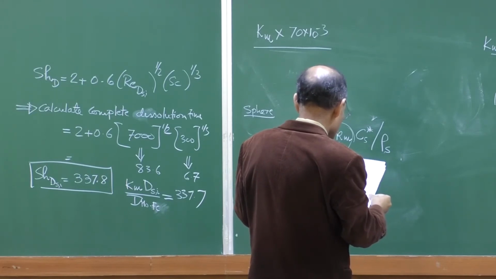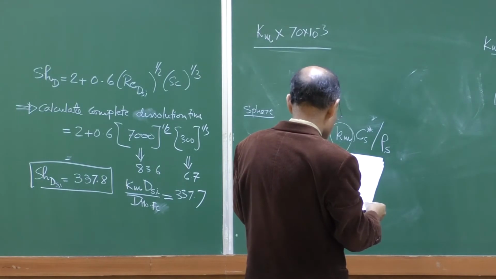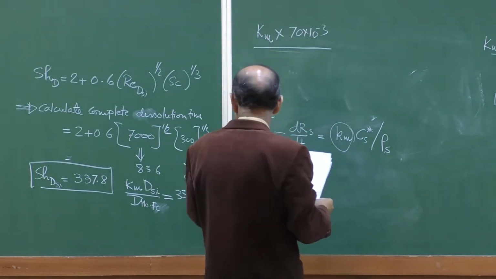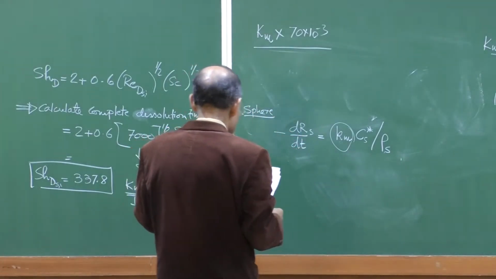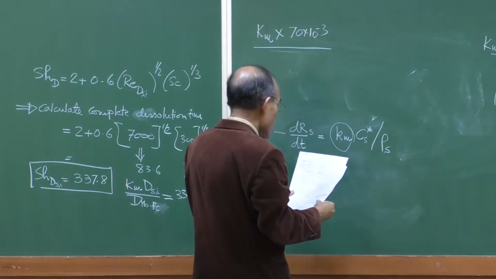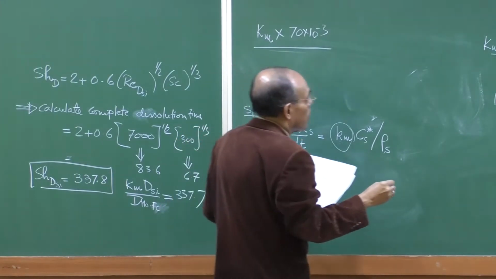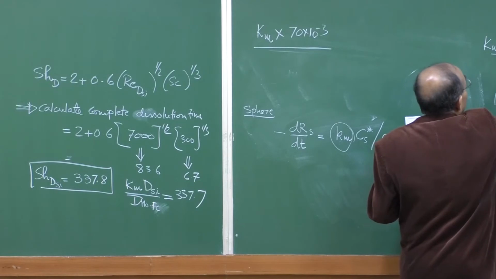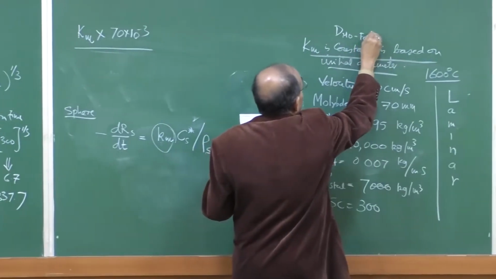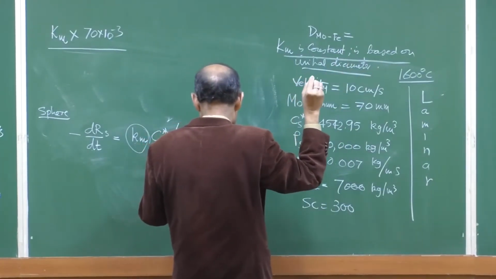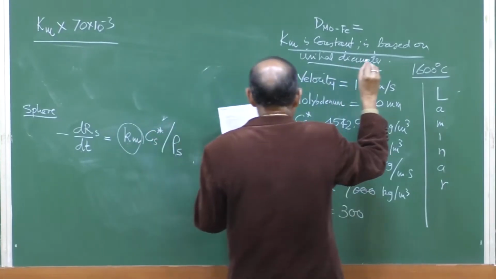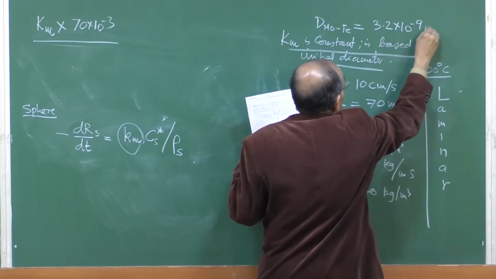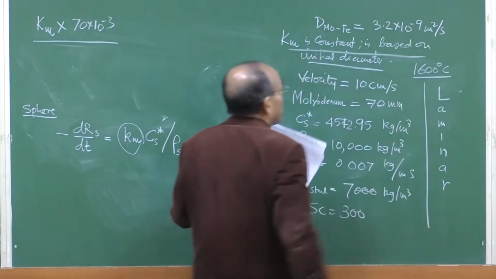Let me see what is the diffusion coefficient. Diffusion of molybdenum into Fe is given to be 3.2 into 10 to the power minus 9 meters square per second, that is also given.